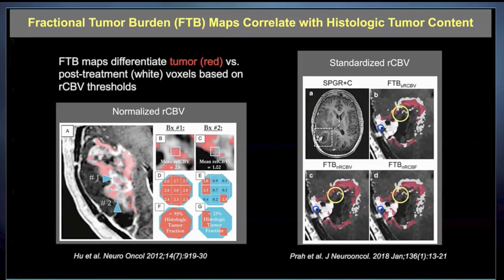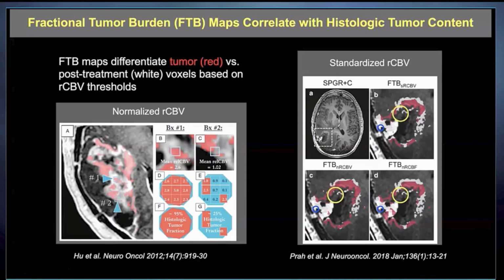And this is just an example of a fractional tumor burden map, or FTB map, again coming out of Kathleen Schmainda's group. Melissa Prah was the lead author here, basically using standardized rCBV. And again, they came up with a standardized rCBV threshold right at about 1.0 that was fairly equivalent to our normalized rCBV.